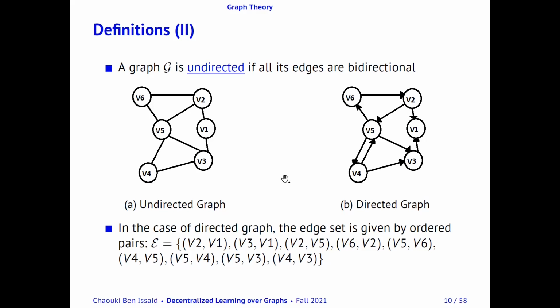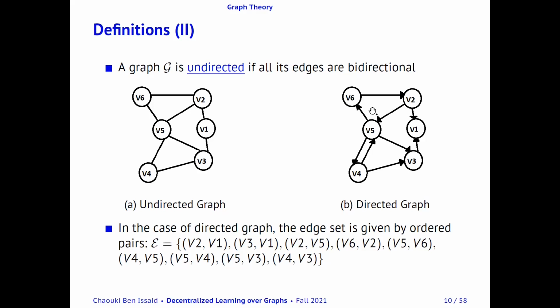In this case, the elements of the edge sets are tuples, not sets, since the order does matter. For instance, for the link between V6 and V2, the flow of information is from V6 to V2, not the other way around.